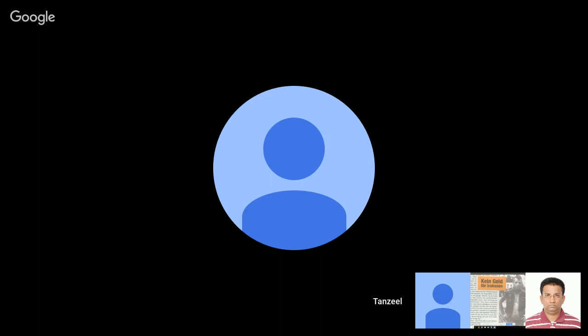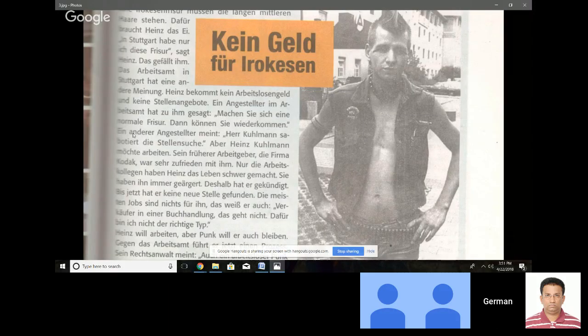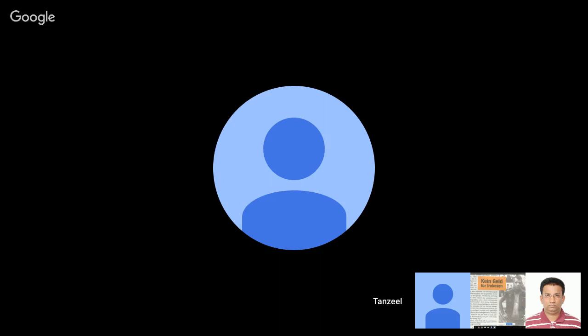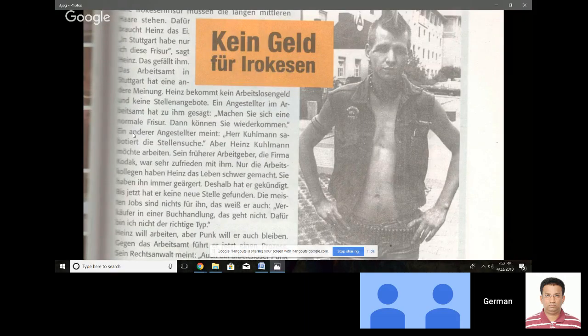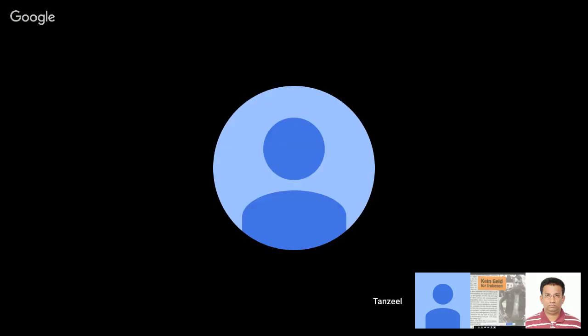Heinz gets no unemployment money and no job offer. Ein Angestellter im Arbeitsamt hat zu ihm gesagt, machen Sie sich eine normale Frisur, dann können Sie wiederkommen. One officer in the employment exchange said to him, make a normal hairstyle, then you can come again.